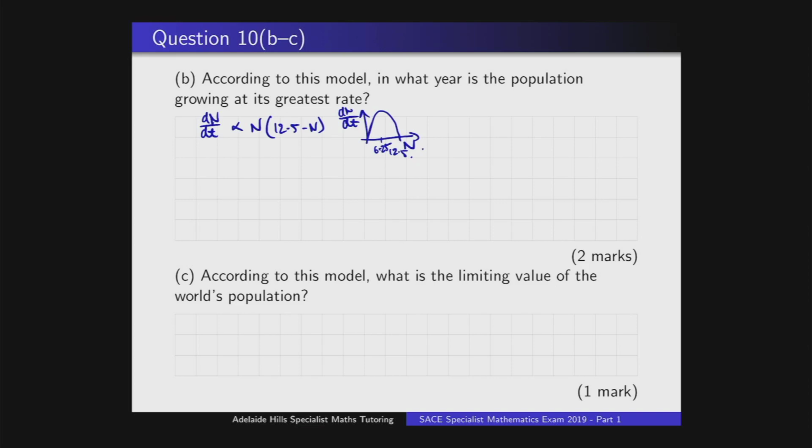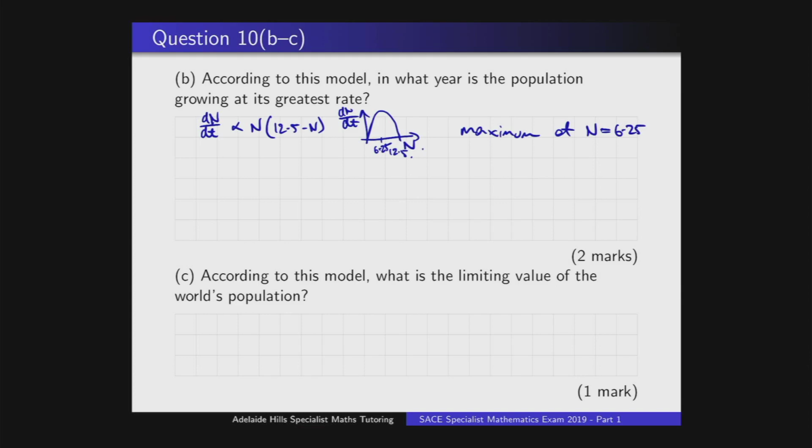And this is the point where it's got a maximum value. So it's easy to see that the maximum is at n equals 6.25. Okay, so we don't know the time that dn dt is a maximum, but we know the n at which dn dt is a maximum.